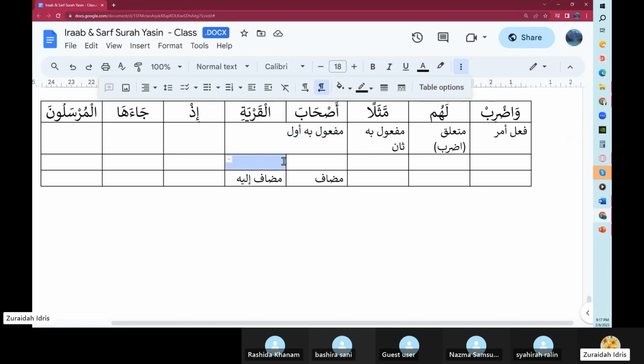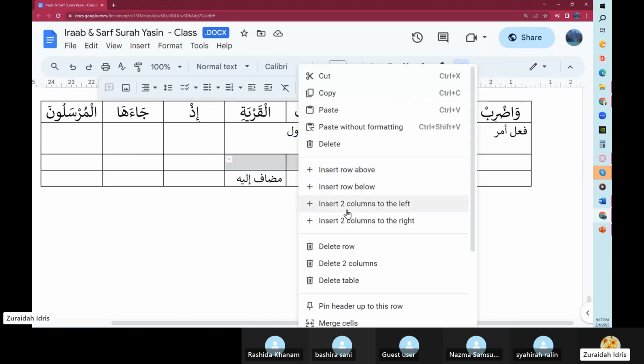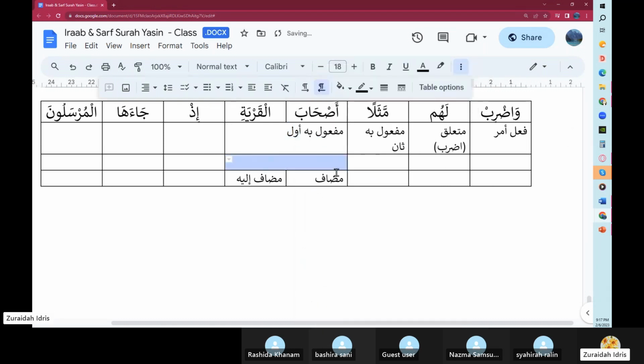But the other option, like we saw last week, is that this would be your badal, of course from masalan. When you translate it, it'll be more or less the same.